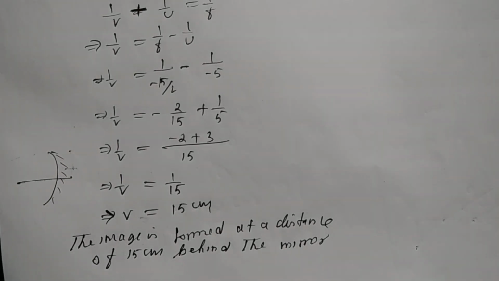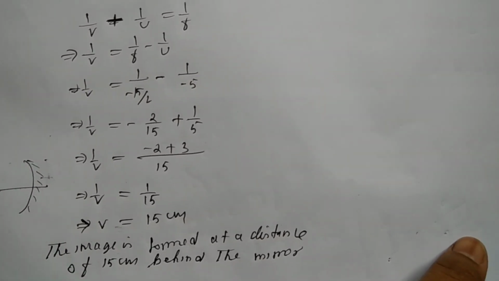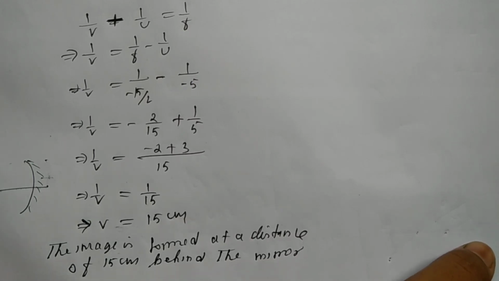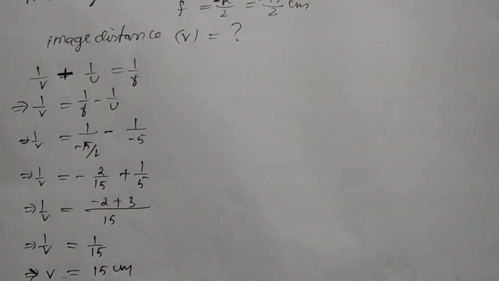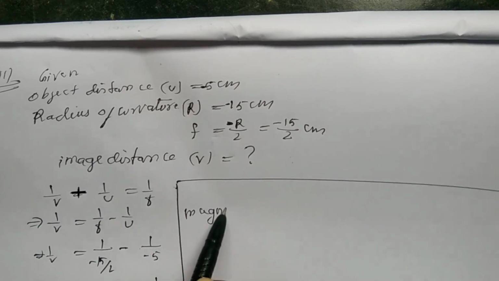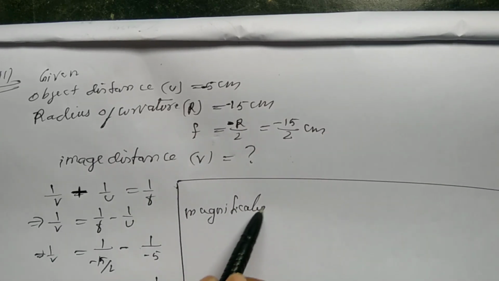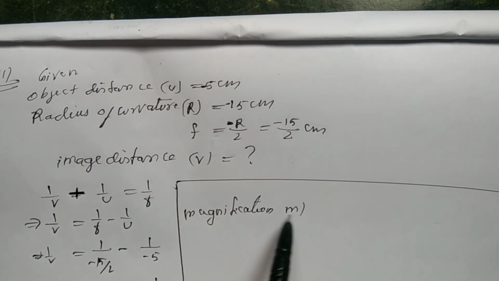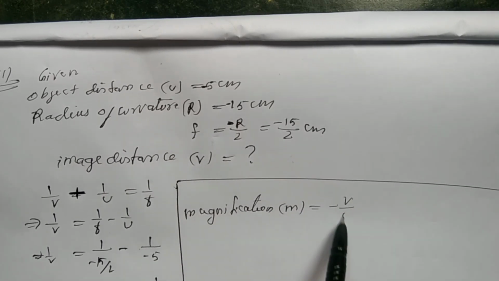Now whether the image is large, diminished, virtual, or erect or inverted, how do we check? First we have to calculate the magnification, right? Now magnification m equal to minus v by u.